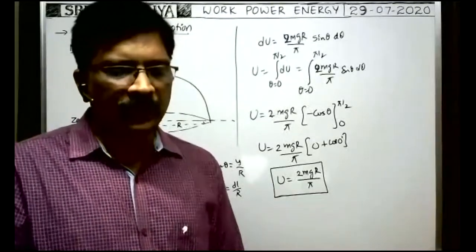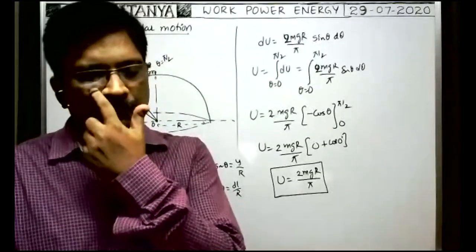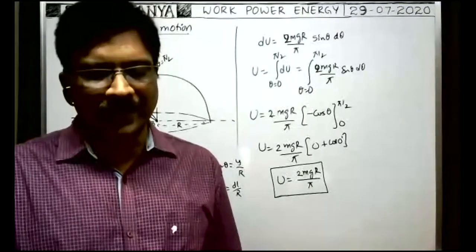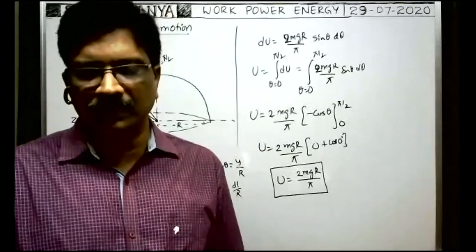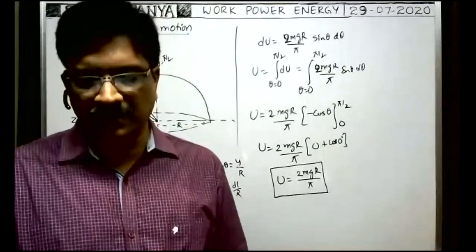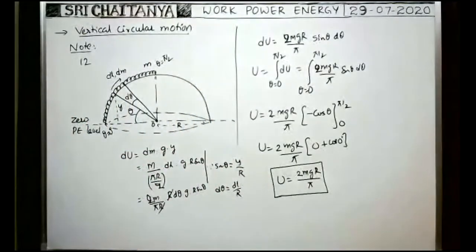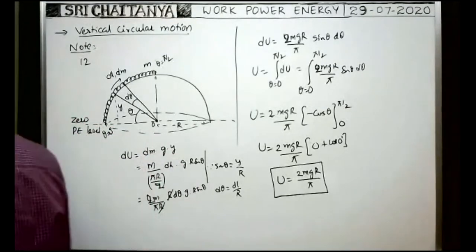A person is pulling a mass slowly from the ground on a fixed rough hemispherical surface up to the top of the hemisphere with the help of a light inextensible string. If the work done by the person is dash. I think we did it in the class. Is it completed or not? You tell me. Shall I write this one?